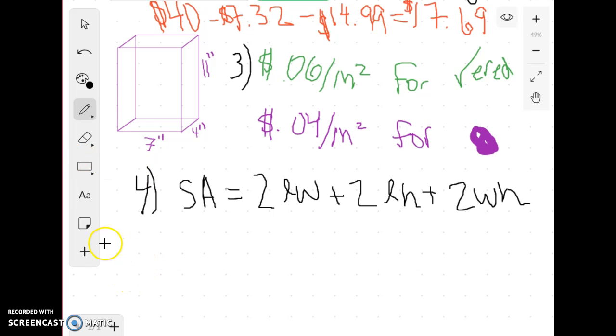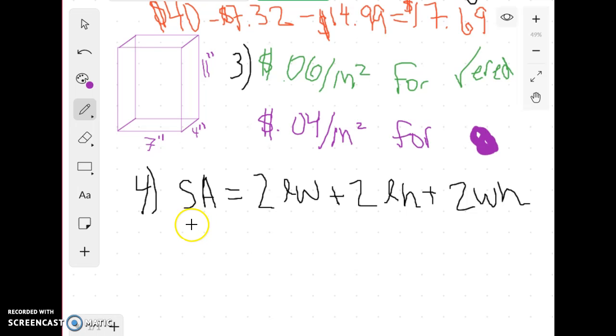So now we also need to look at cost. So we need to think of how to calculate the cost of an object. If we look at our purple wrapping paper, we know that it costs $0.04 for every square inch.